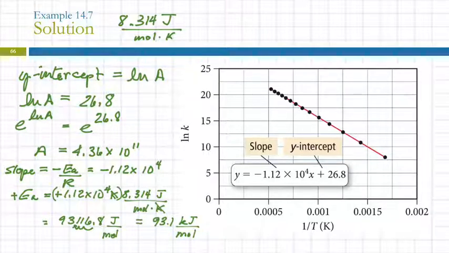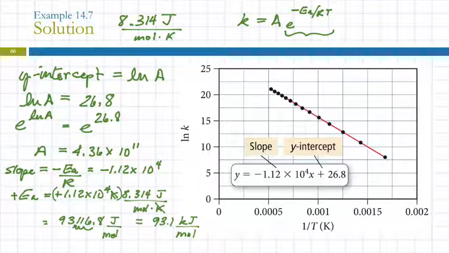The 11 on the 10? That? No, oh, that. Yeah, so in k equals A e to the negative Ea over RT, this part has to do with the fraction of times that the reaction is successful, and A is the frequency, the rate at which it tries to get over the bump.